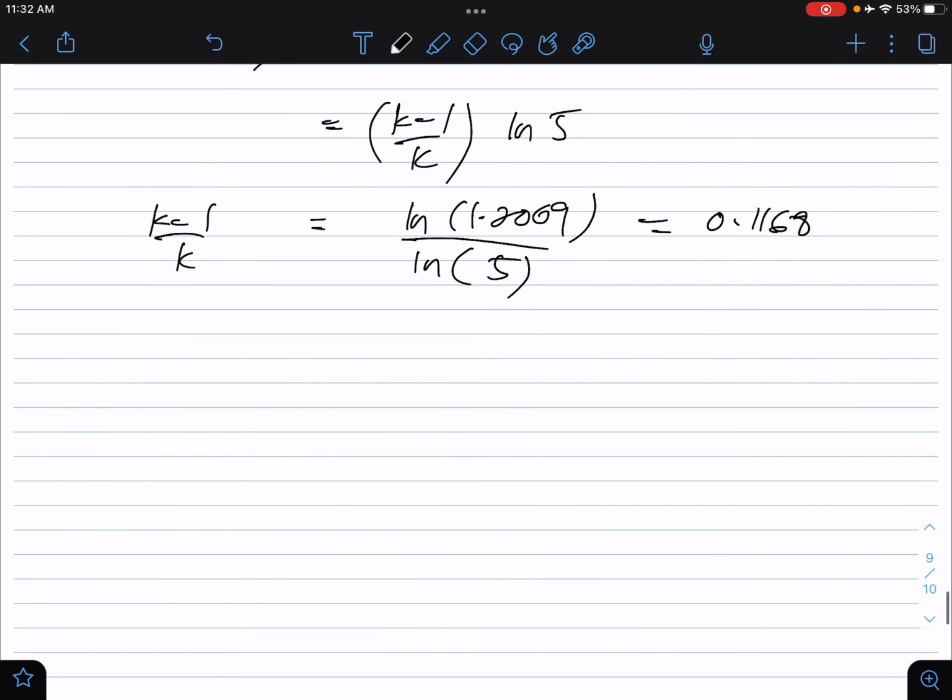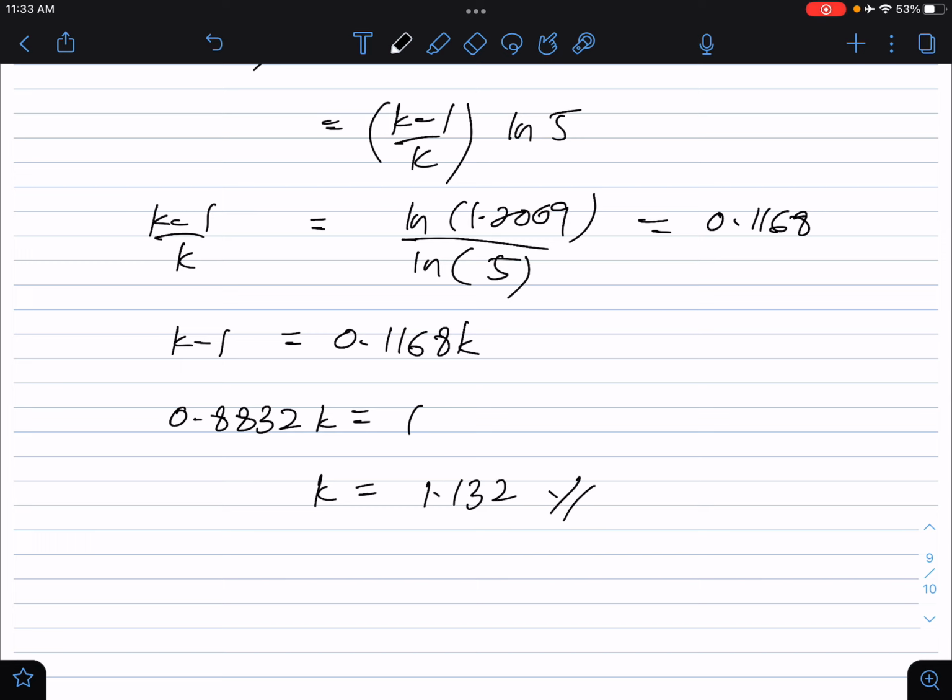Then rearrange: k minus 1 equal to 0.1168 k, so 0.8832 k equal to 1, and k equal to 1.132. Okay, then you get the answer.